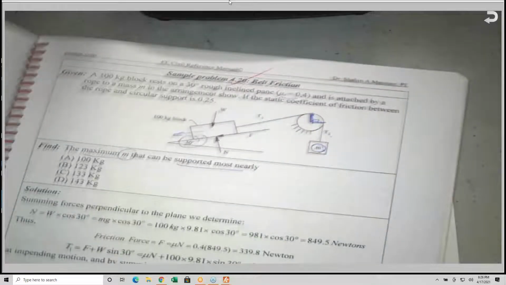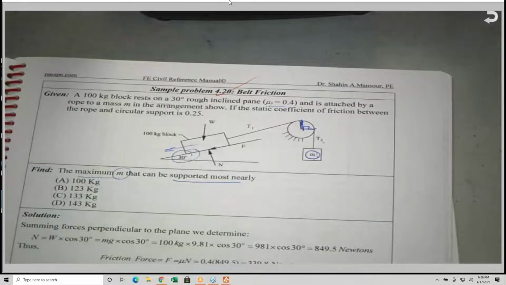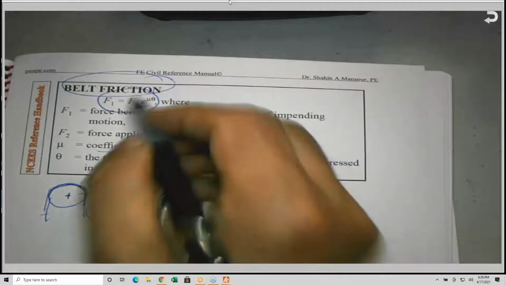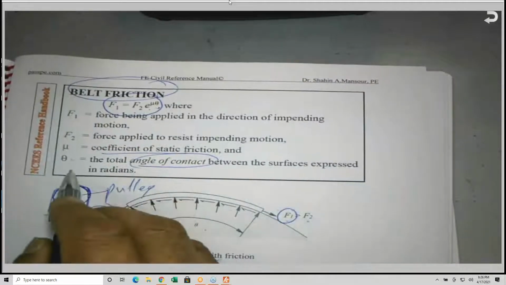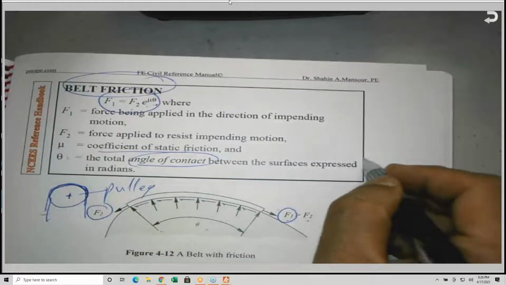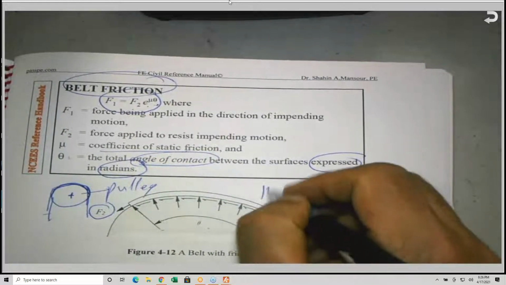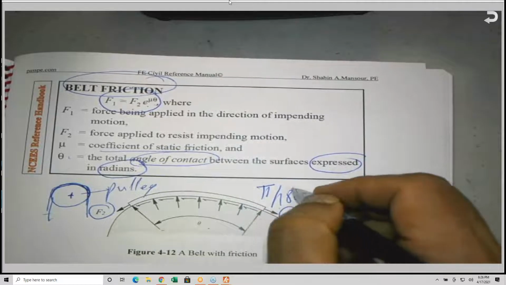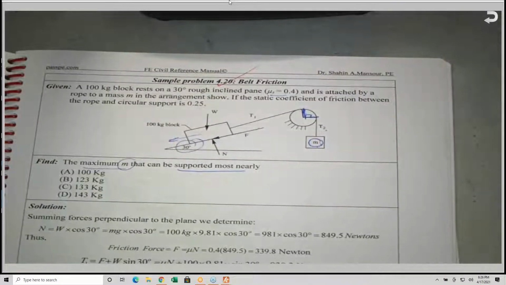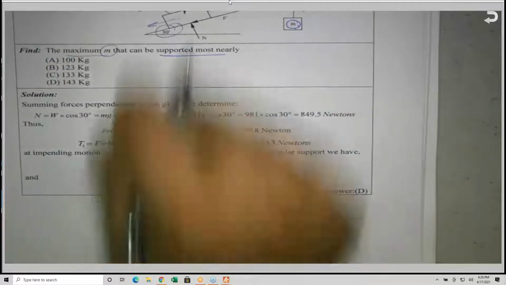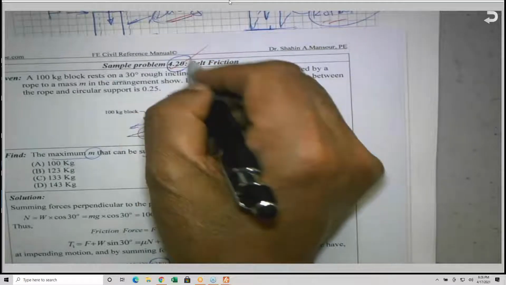The theta in the previous equation, the angle of contact, must be expressed in radians. This is a conversion, which is why you'll find pi over 180 here, in problem 420.